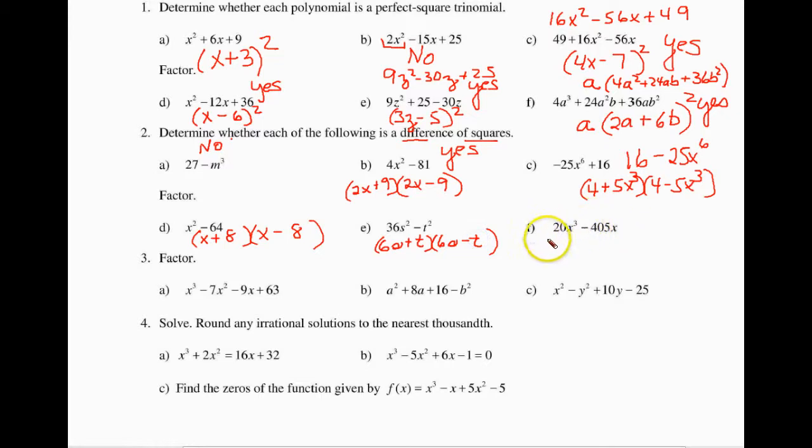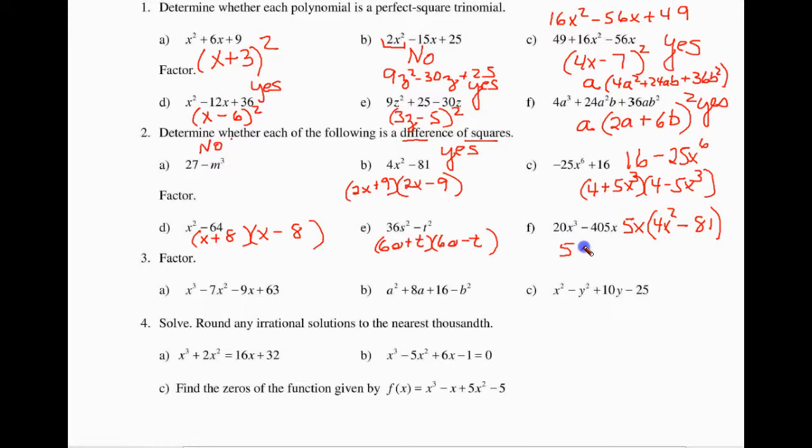Now here you need to factor out a 5 first. So if I factor out a 5x actually, this gives me 4x squared, which is a perfect square. And this is going to be an 81, which is also a perfect square.